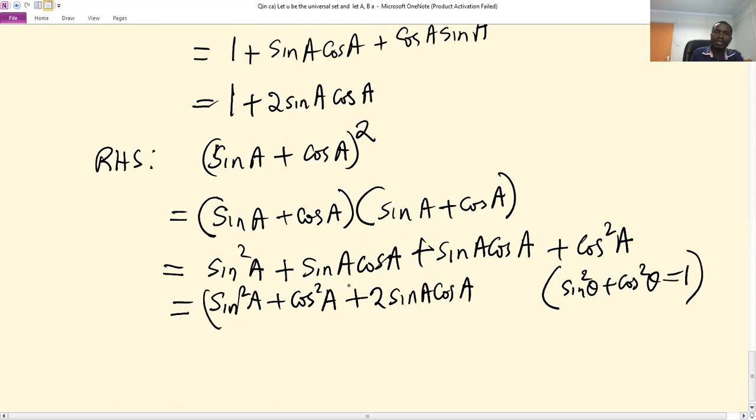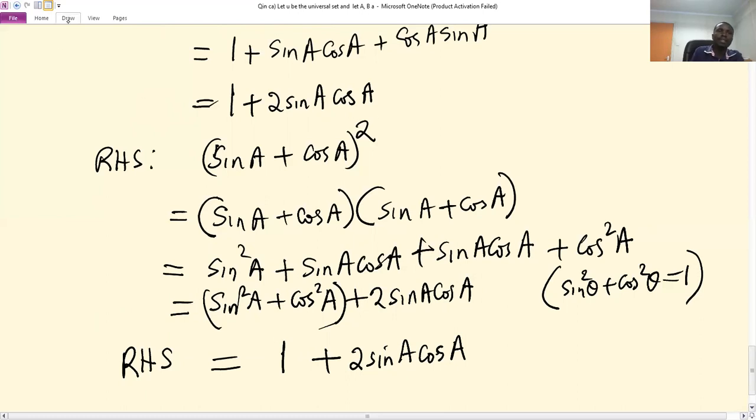So this part is just the same as 1 plus 2 sine of A cos of A. So this is what we have on the right-hand side.